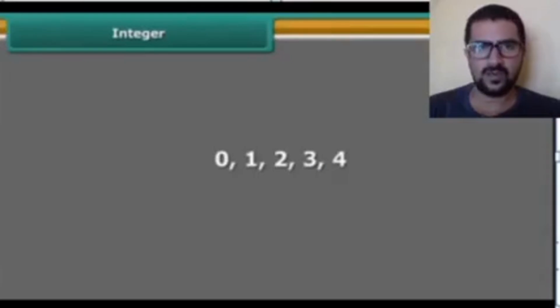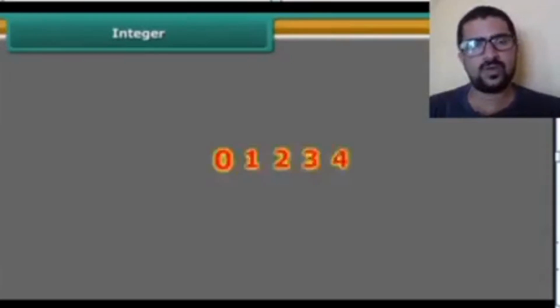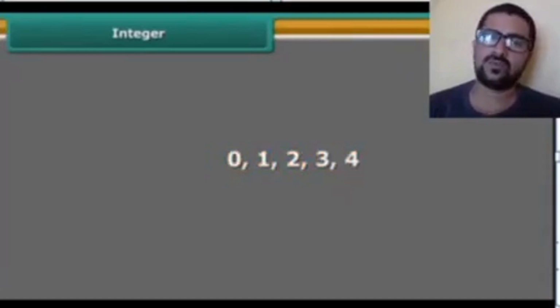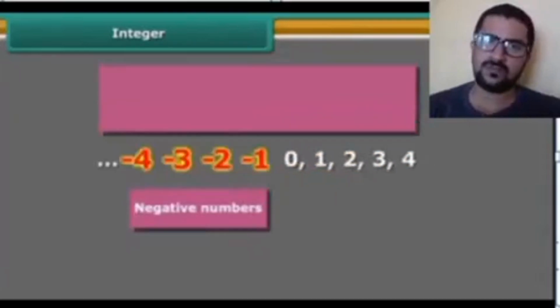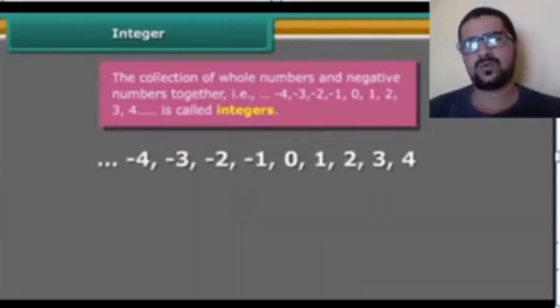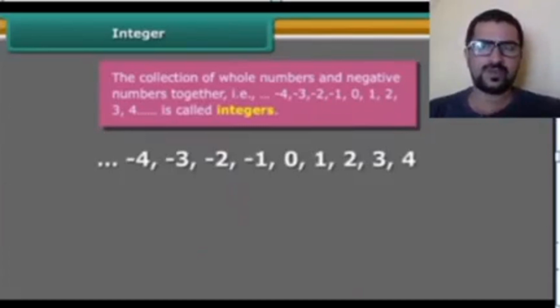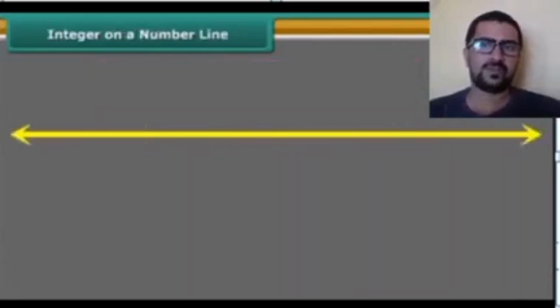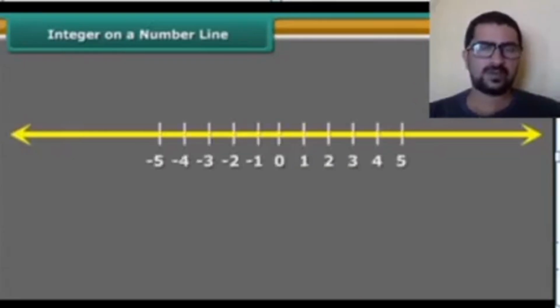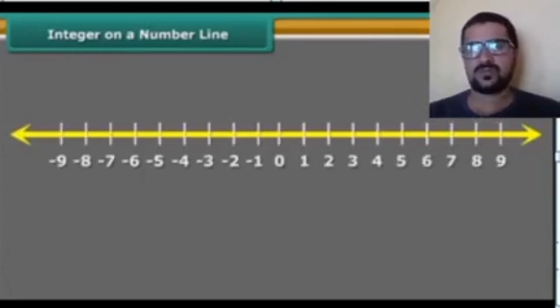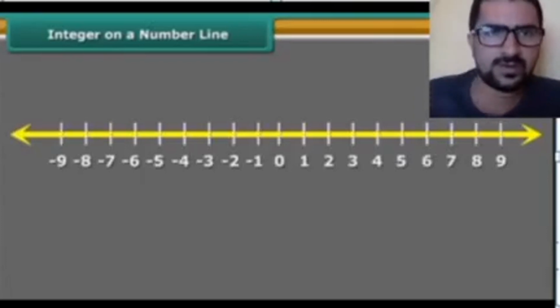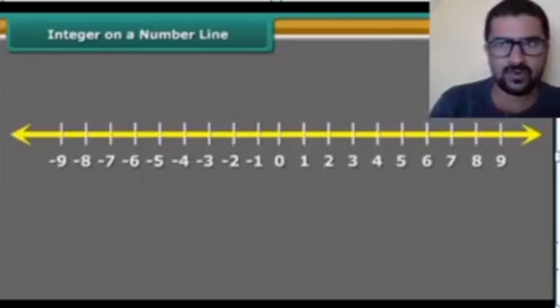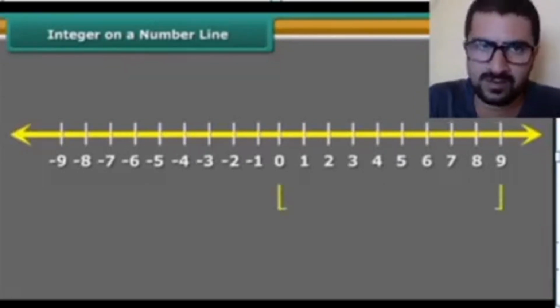Hello students, you already know about natural numbers and whole numbers. If we put negative numbers and whole numbers together, the collection of numbers is known as integers. This figure represents a line marked with some points at equal distance. A point on it is marked as 0.